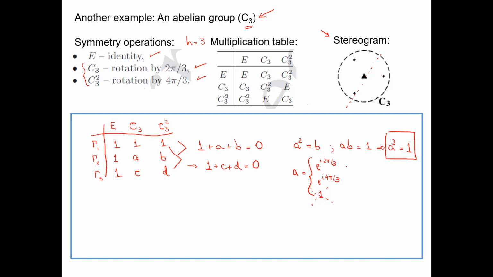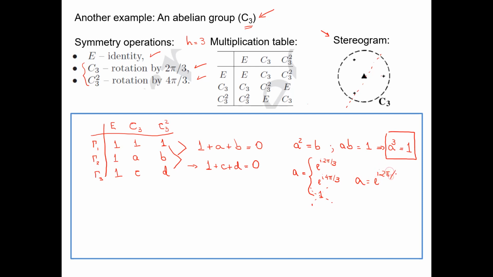And you will see also that choosing A equal to e to the i 2 pi over 3 or A equal to e to the i 4 pi over 3 are two equivalent choices that basically correspond to interchanging or swapping these two rows. So in one case, as we're going to see, A is going to be equal to e to the i 2 pi over 3.